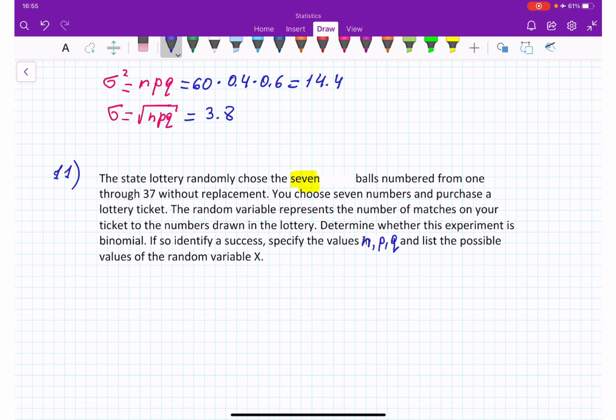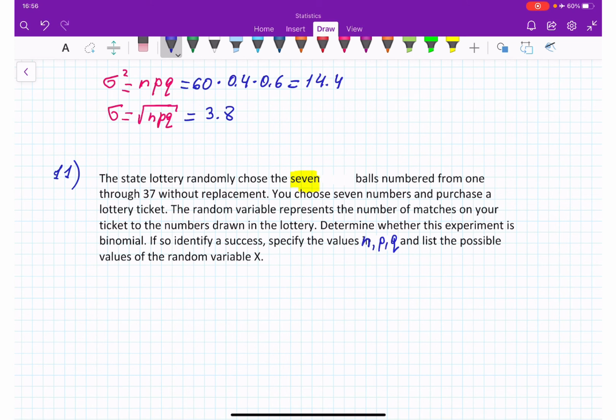It doesn't matter what kind of outcomes. Number three, we have to have a probability of success, and the probability of success for each trial is the same, and it should be the same if the trials are independent. And number four, the random variable x will count successful trials.